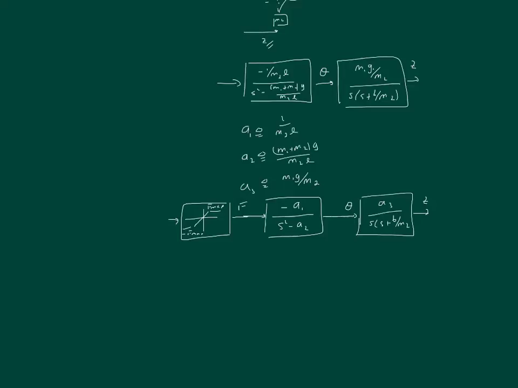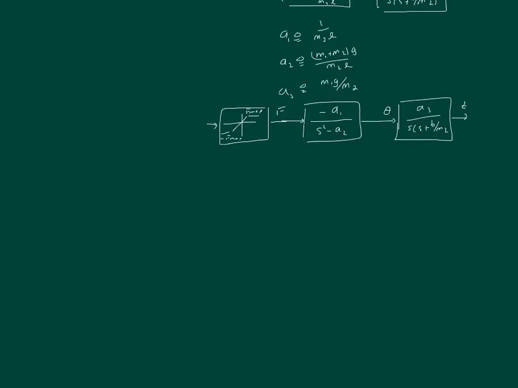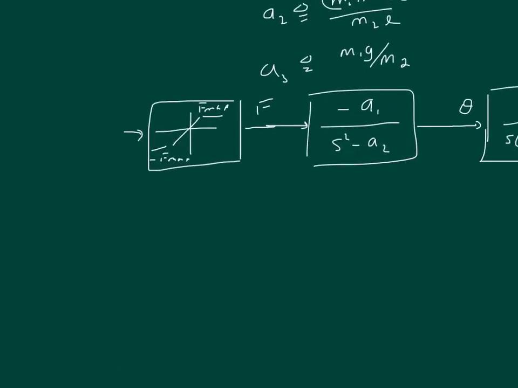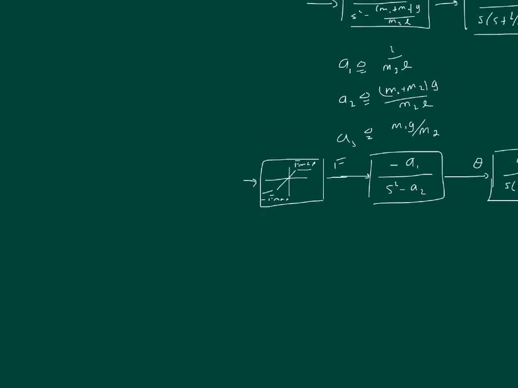Okay, so the idea we're going to use to develop the control system for this particular system is something called successive loop closure. And the idea is that we're going to wrap a PD controller around the inner loop. So on the inner loop here, we're going to wrap a PD controller.